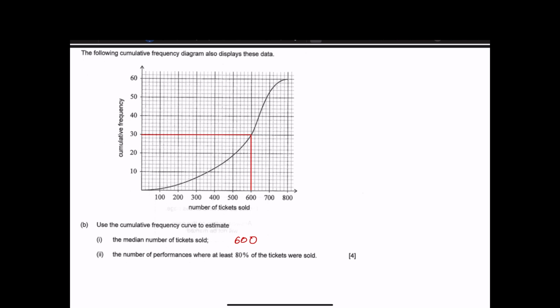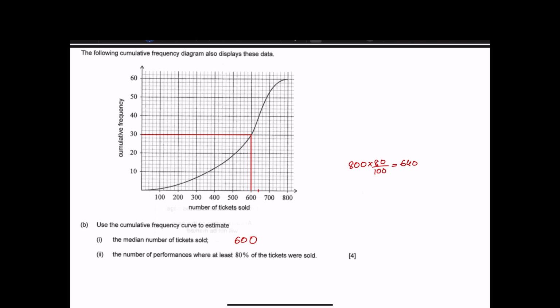And the number of performances where at least 80% of the tickets were sold. So how much is 80% of 800? 800 times 80 by 100, which is 640, right? 640 is this point.